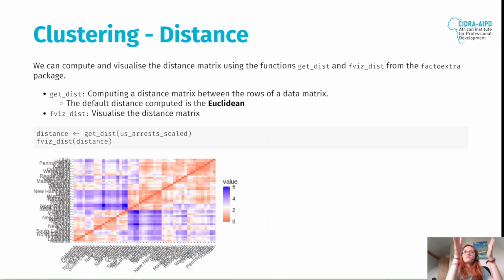Because it's the distance of u to u. It's zero. So that's why this line here is pretty red. That represents zero.